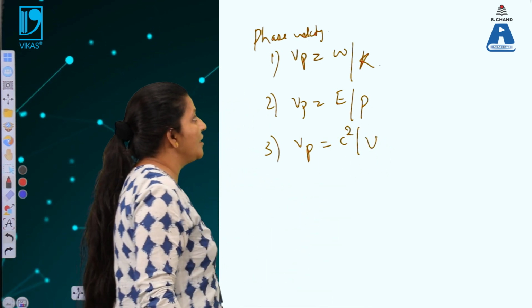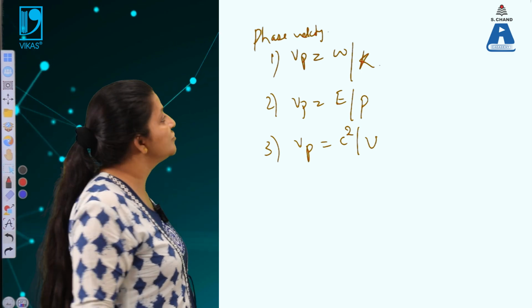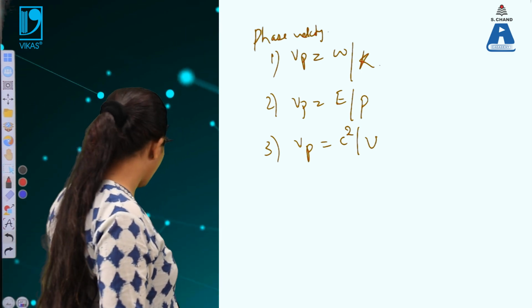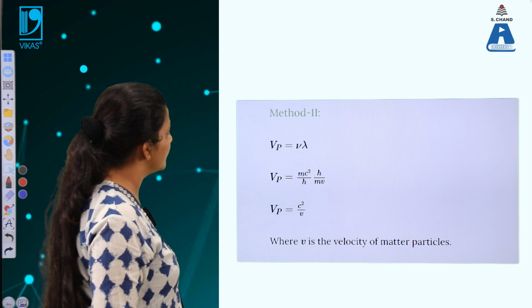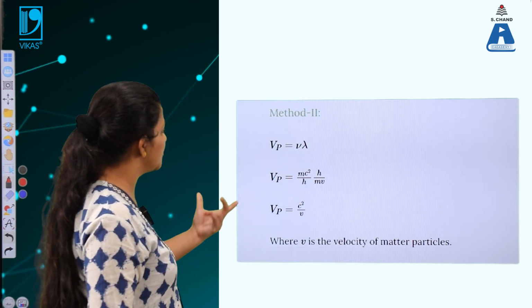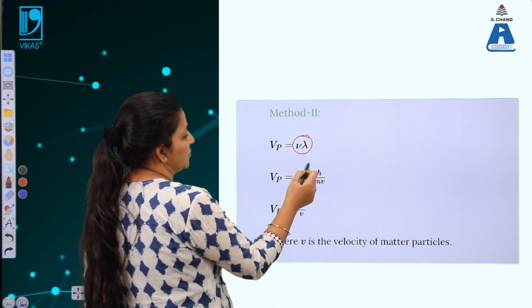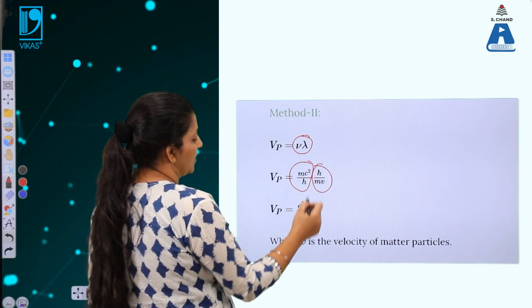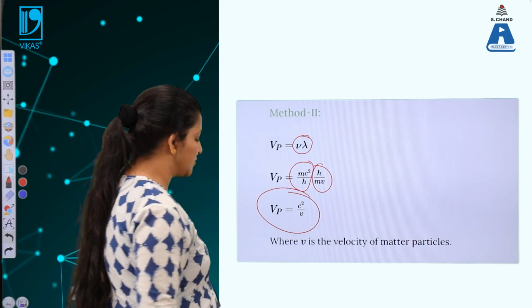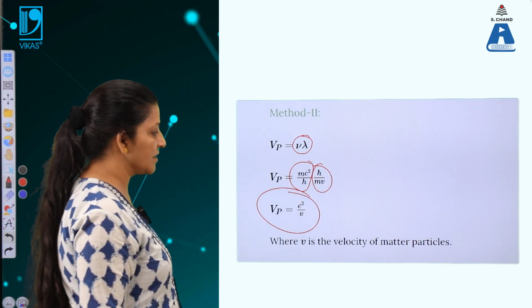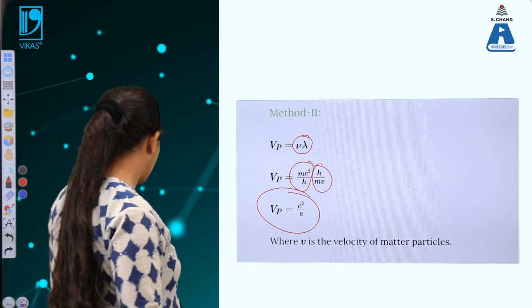So these are the three different expressions by which we can calculate the phase velocity of a wave that is moving. Now in the second expression, we know that phase velocity can be written as nu into lambda. Now substituting the values of nu and lambda, we will get Vp equals c square by v. What is v here? That is the velocity of the matter particle.